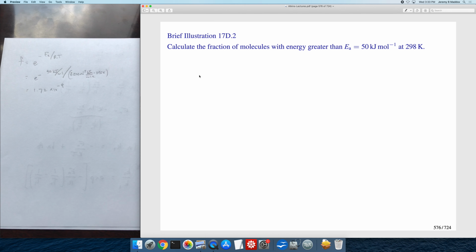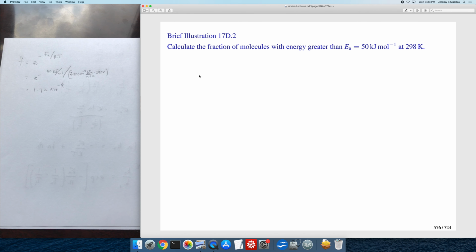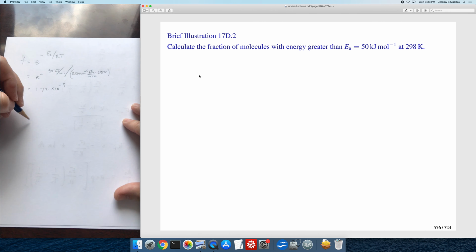So that's the fraction of molecules in your sample, pretty small, that have enough energy to overcome that particular activation barrier. Let me just check my math again, make sure I didn't make a mistake. Nope, that's the answer that I got. So in this case, that's what you get. But for a different temperature, let's suppose that you raise the temperature up to 1,000.